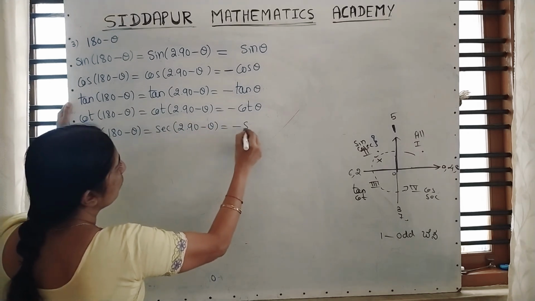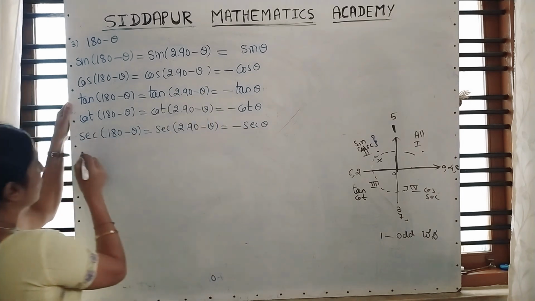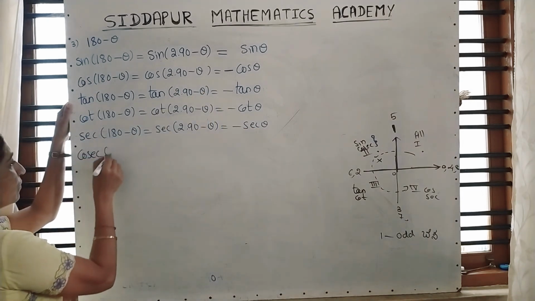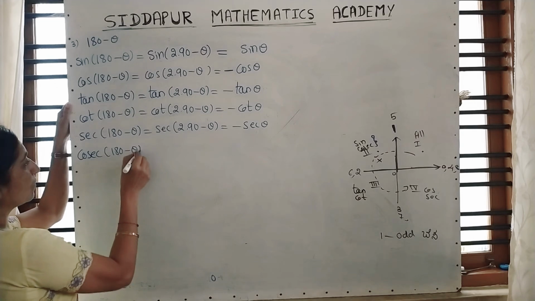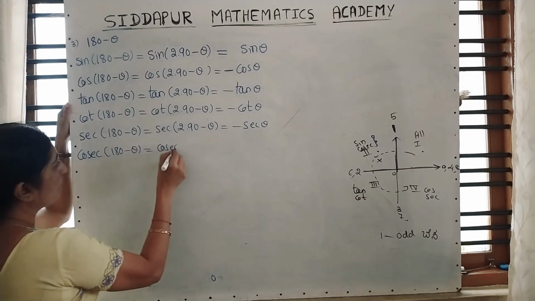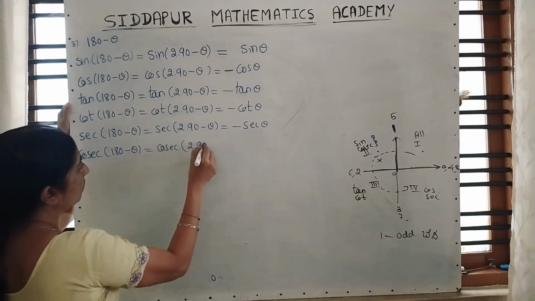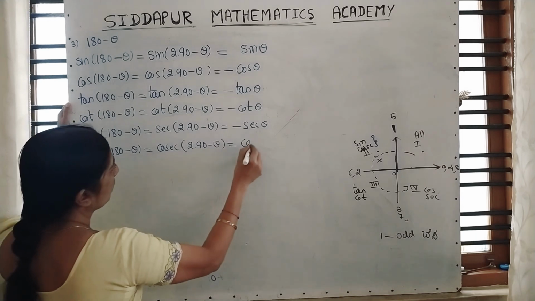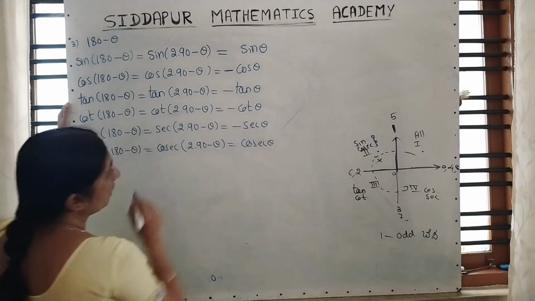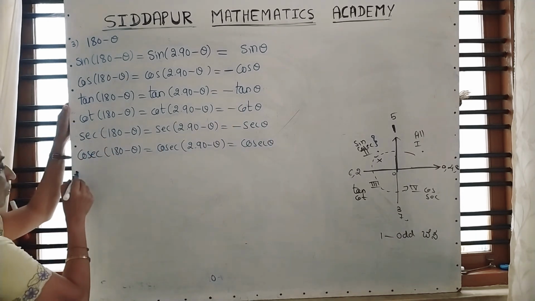Sec is also negative. Only sin and cosec are positive. So the answer is positive, because in the second quadrant sin and cosec are positive. Fourth one.